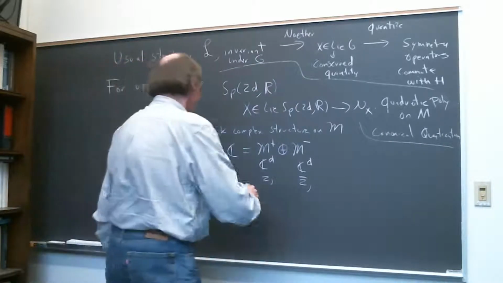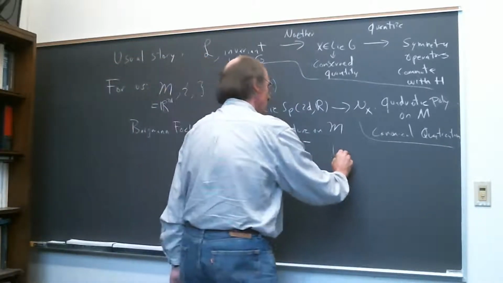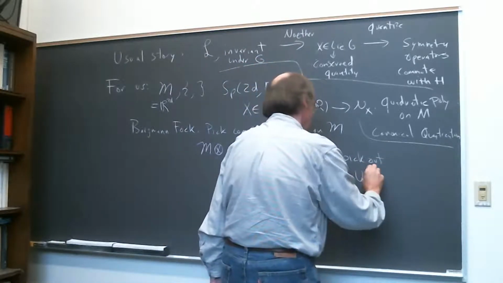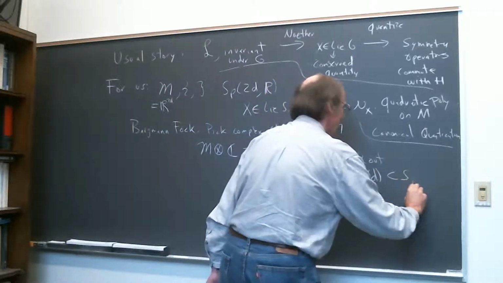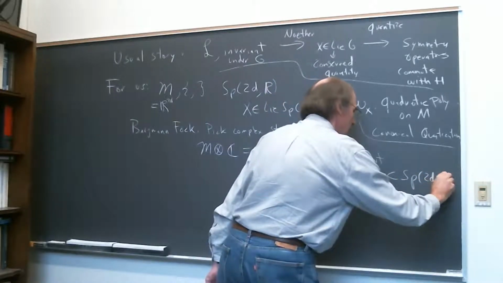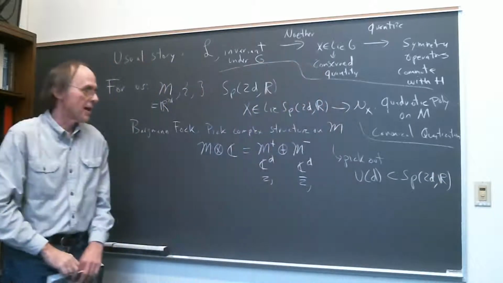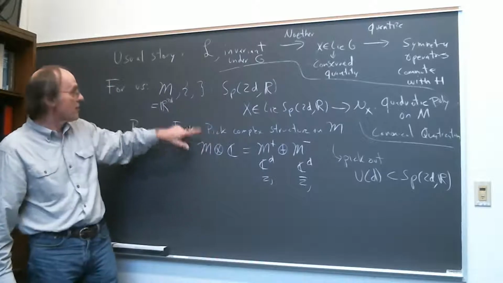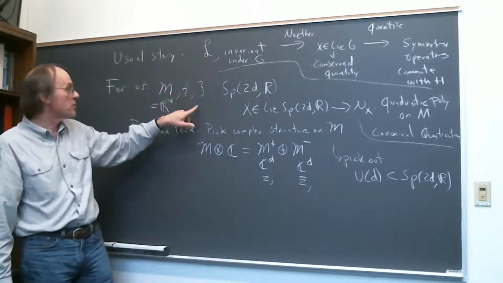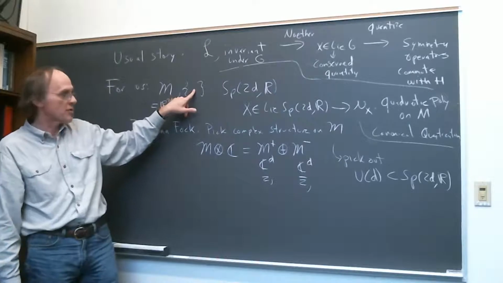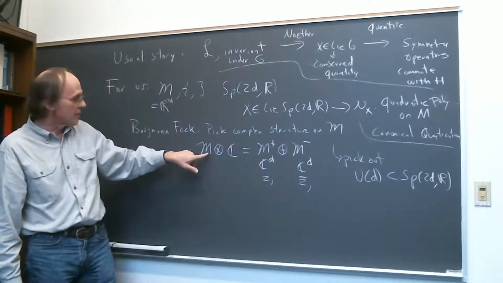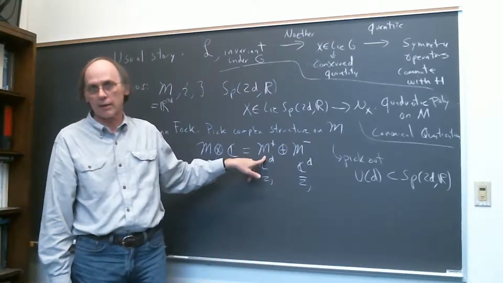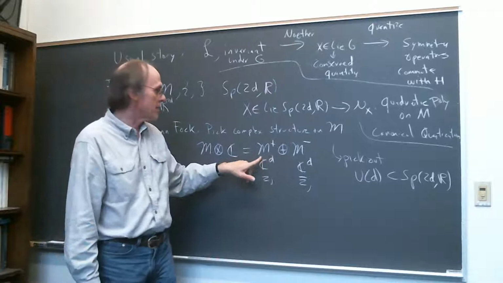And now once you do this, this picks out U(d) as a subgroup. So now, instead of looking at all symplectic transformations of this thing which preserve the structure, we can look at all transformations which preserve this Poisson bracket but also preserve the splitting.